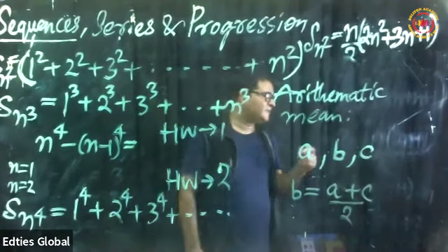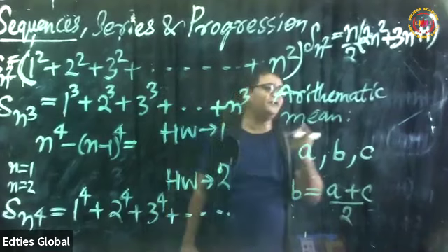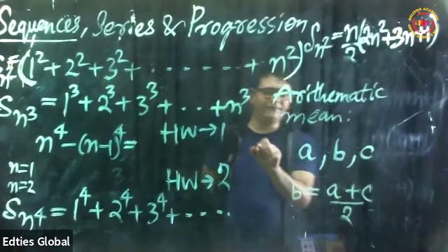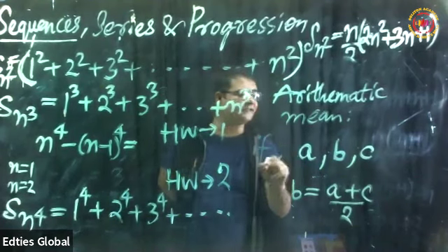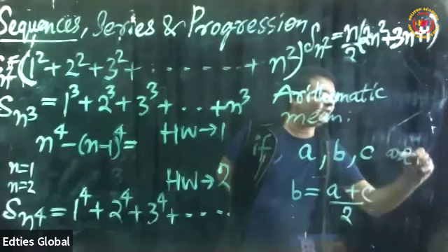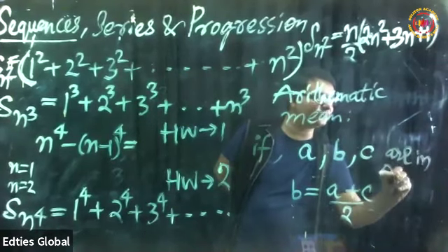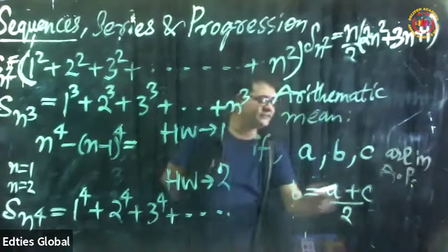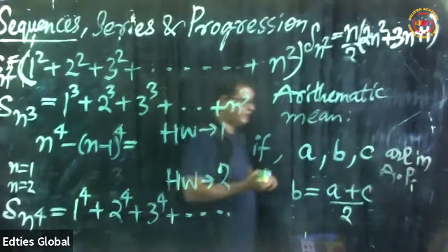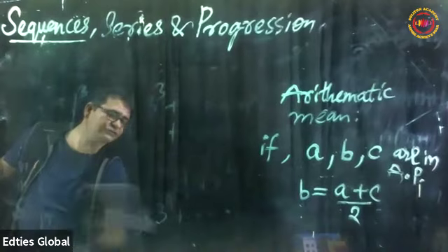Okay, so there is a special property of arithmetic mean for arithmetic progression. If A, B, C are in AP, arithmetic progression, then this is the property. Okay. Now let's focus on some questions.